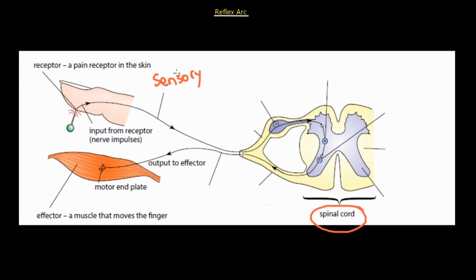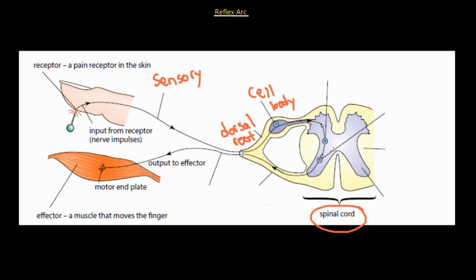The part of the spine where this sensory neuron goes is called the dorsal root. That's the part of the spinal cord that this goes to. And this would be the cell body of the sensory neuron, because the cell body of the sensory neuron typically lies around either the spinal cord or closer to the receptor.